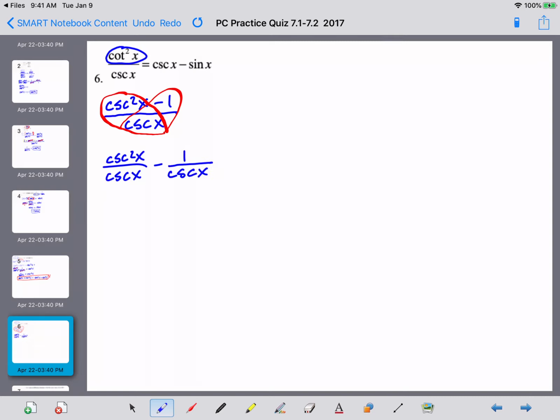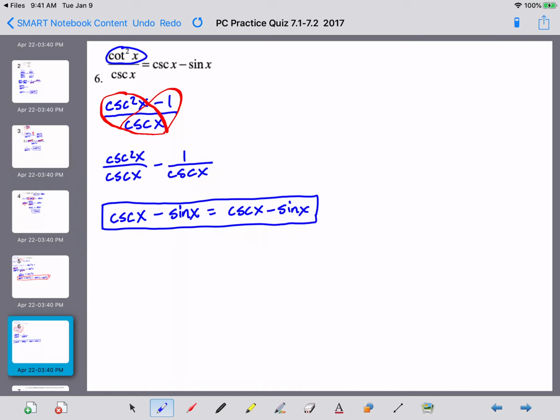All right, so you can notice some things cancel here. If you have cosecant squared over cosecant, that is just cosecant x. And then 1 over cosecant using our reciprocal identities is the same as sine x. So again, we got the left-hand side to equal the right-hand side, which is what we want. So this is how you can verify that.